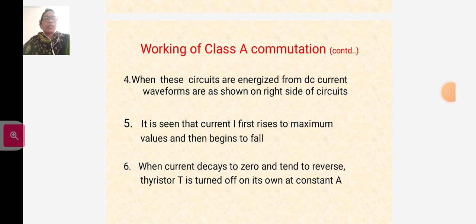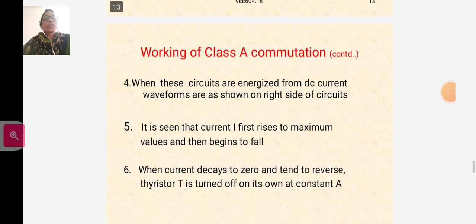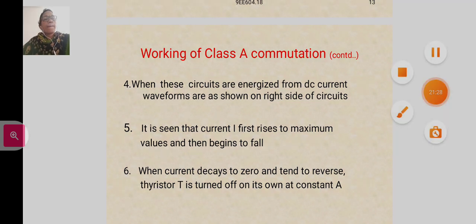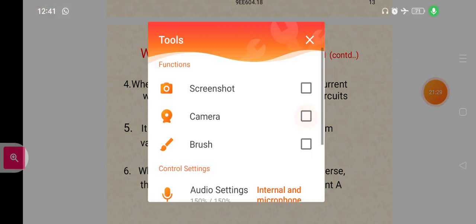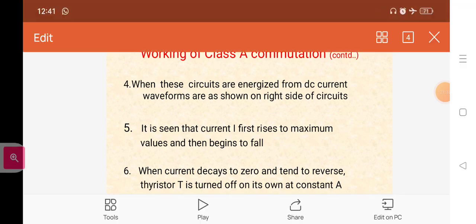When current decays to 0 and tends to reverse, thyristor T is turned off on its own at a constant rate. Now class A commutation we can watch in a YouTube video.